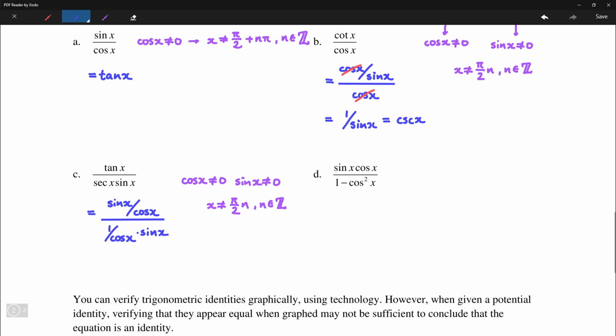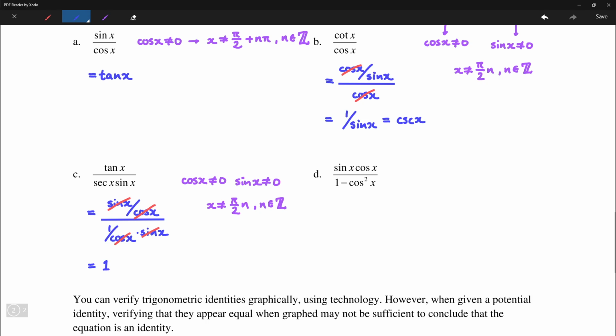So from here, of course, the sine x will be eliminated, and then also the 1 over cosine x will be eliminated as well. So this expression actually reduces to just 1. And that is to say, tangent x divided by secant x times sine x is equal to 1 if x is not equal to integer multiples of pi over 2.